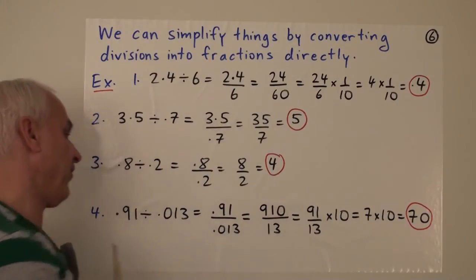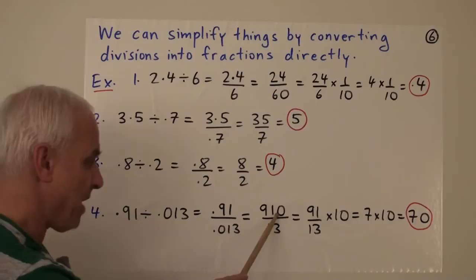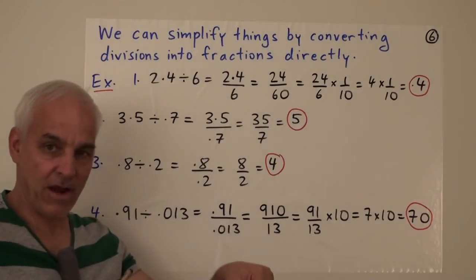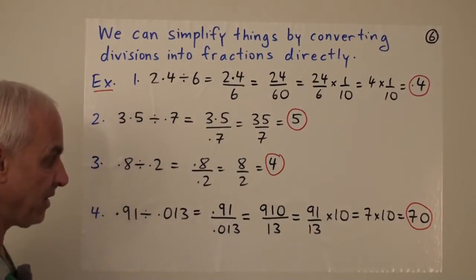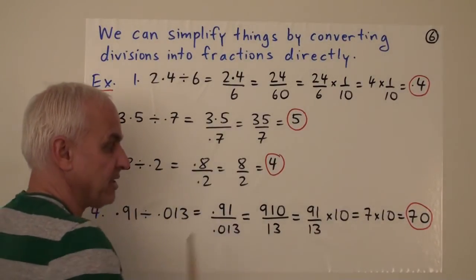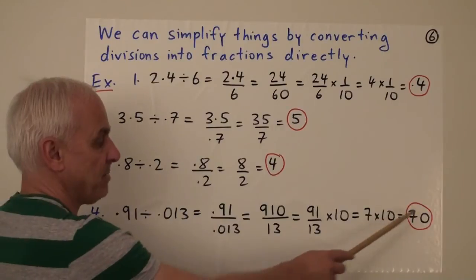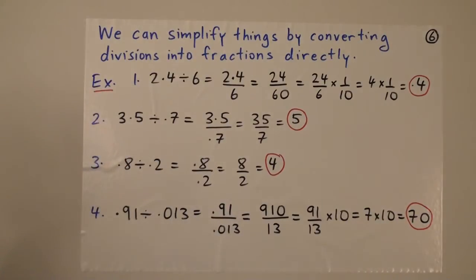Okay, and now we look at this and say, how can we simplify that? The power of 10 is nice to peel off separately. And then just think about 91 over 13. 91 over 13 is 7. So we get 7 times 10, which is 70.